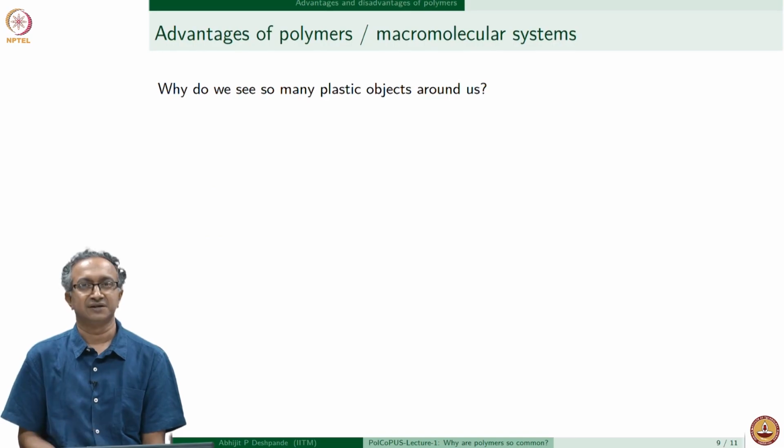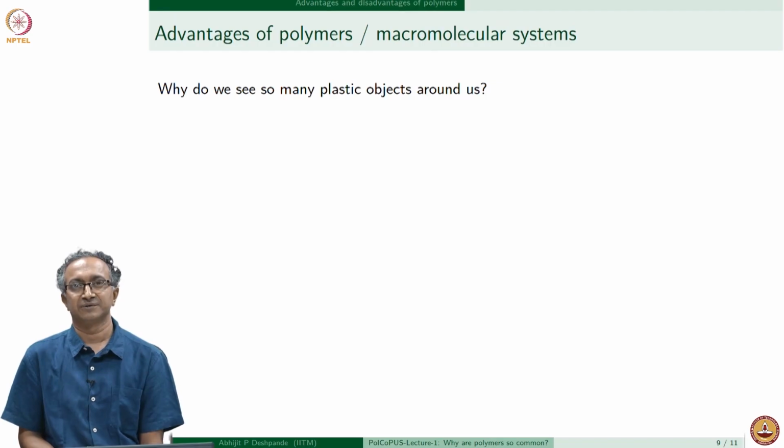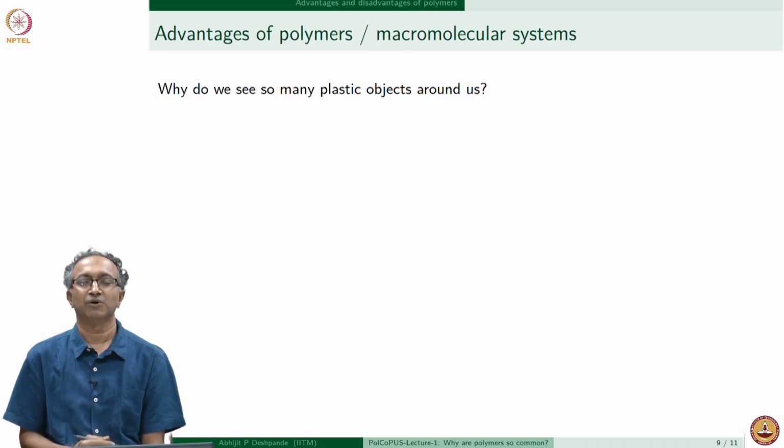We start in the morning, traveling to work in either industries or in offices. Everywhere we have polymers, rubbers, plastics, FRP, all these objects around us. So what makes the use of polymers so ubiquitous, so overall dominant?